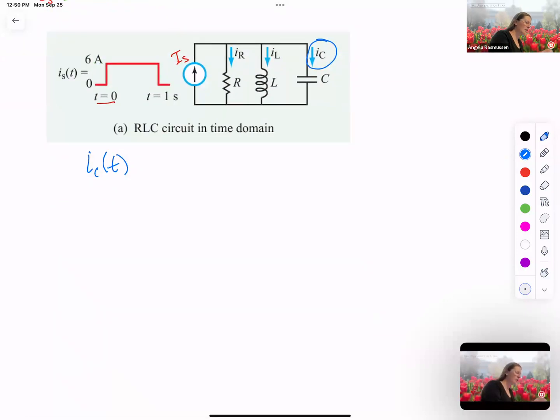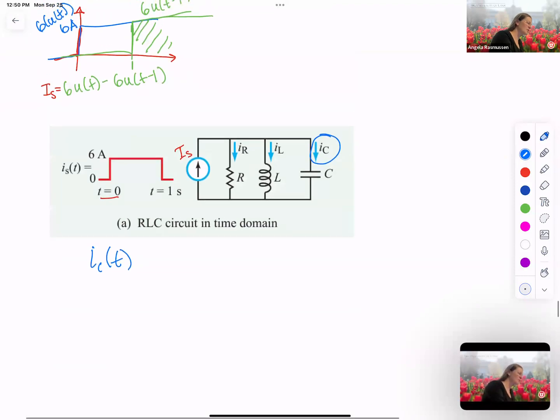So the first thing, or one of the other things we need to do, is change this IS to the S domain. What will this look like? 6 over S, correct?